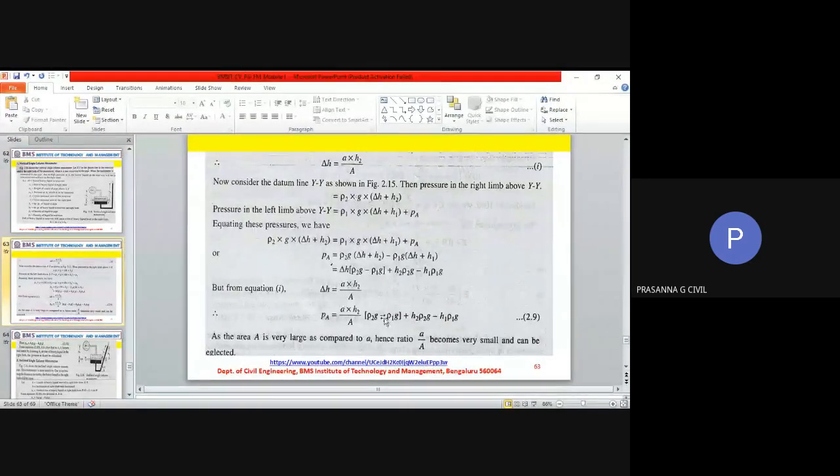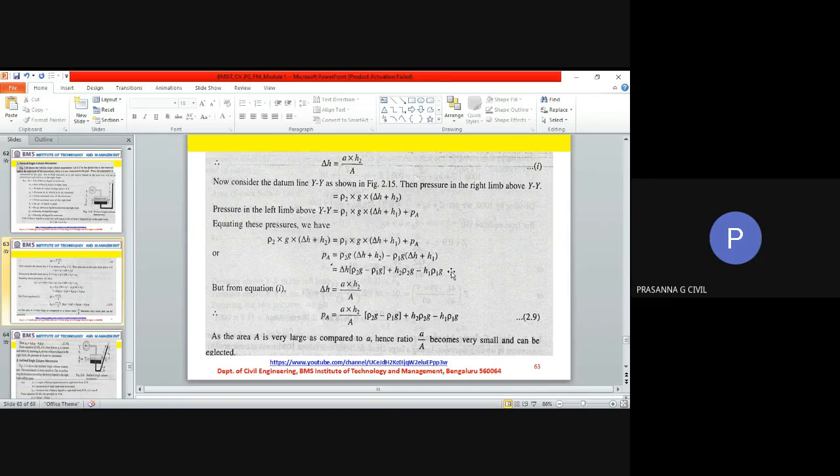From this equation, finally, we will get the expression PA is equal to (a into H2 divided by A) into (rho 2G minus rho 1G) plus H2 rho 2G minus H1 rho 1G. We are not memorizing this equation; we are just understanding how it is being done.